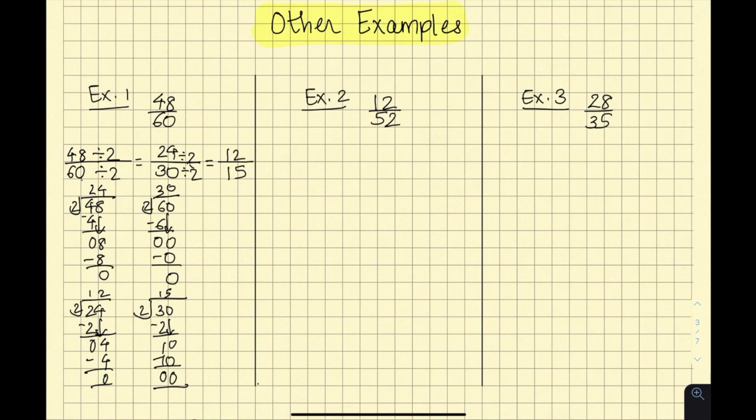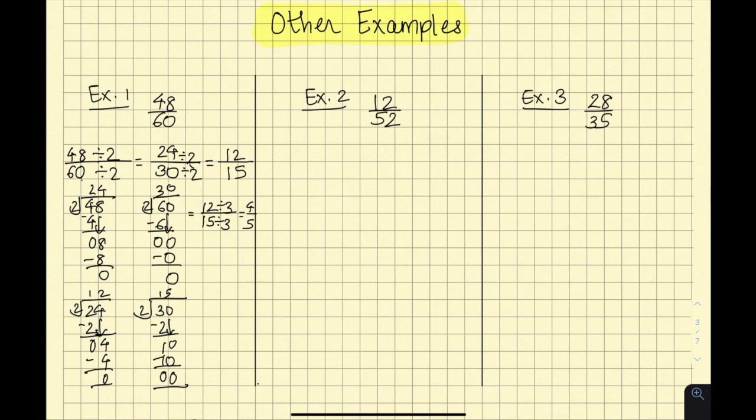Further, 12 is an even number, 15 is an odd number. But when I add the digits 1 and 2, 1 plus 2 is 3, it is divisible by 3. 1 plus 5 is 6, so it is divisible by 3. So 12 and 15 both are divisible by 3. 3 fours is 12 and 3 fives is 15. So 4 over 5 cannot be reduced further, hence 4 upon 5 is the simplest form of the fraction 48 upon 60.